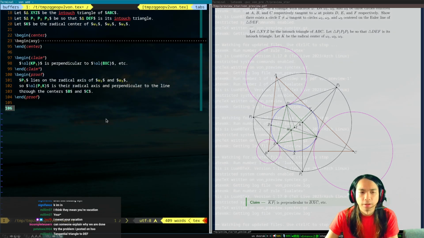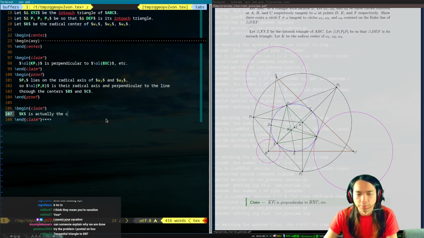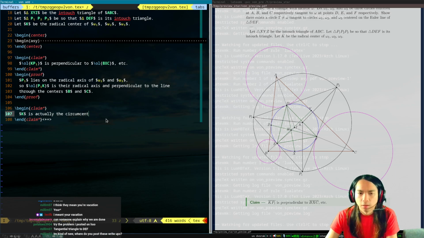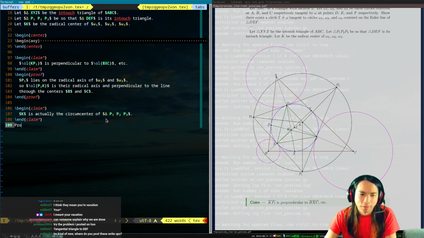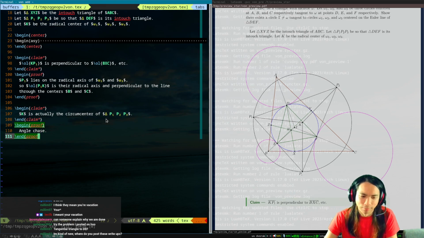Okay, and then claim K is actually the circumcenter of triangle P1P2P3. And this is my angle chase. I don't know if I want to write this out.